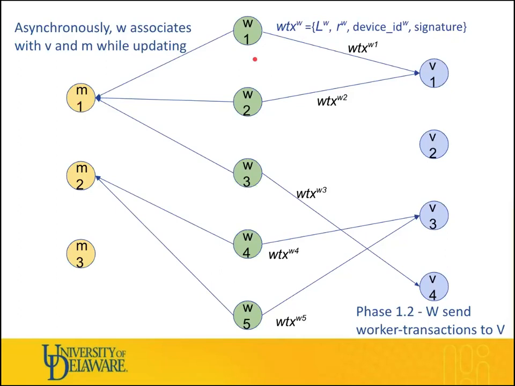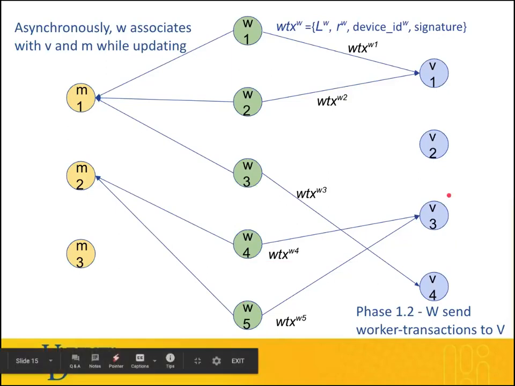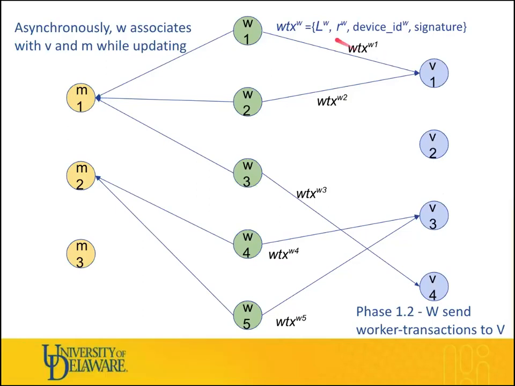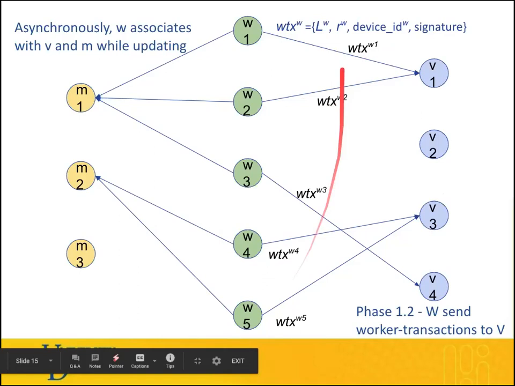Assume that W1 and W2 are associated with V1. W3 is associated with V4, and W4 and W5 are associated with V3. As a result, W1 will send this worker transaction WTX W1 containing these 4 items to V1, and likewise for all other workers.